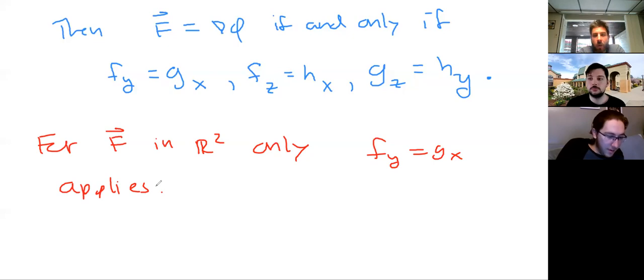See, it's real easy to go one way. If I give you a phi, you just take its gradient, and now you have a vector field. There's nothing interesting about that. We've been computing gradients for months. But the other way is the more interesting direction. That is, if I give you a vector field F, can you find a potential function?